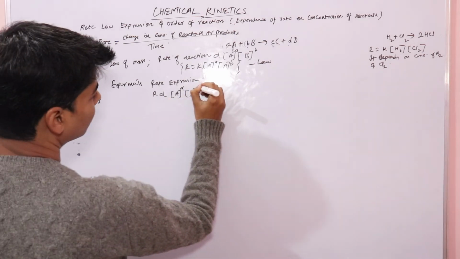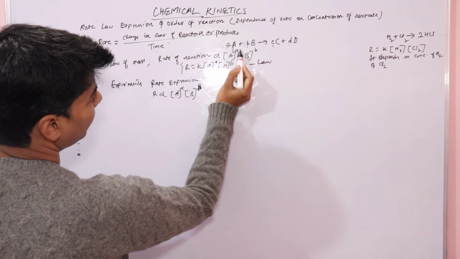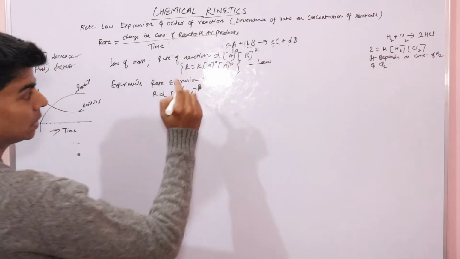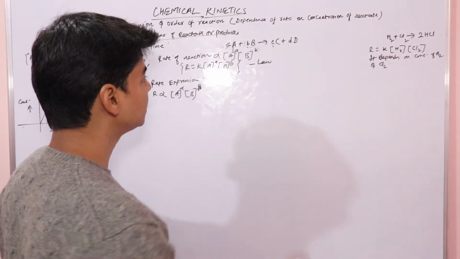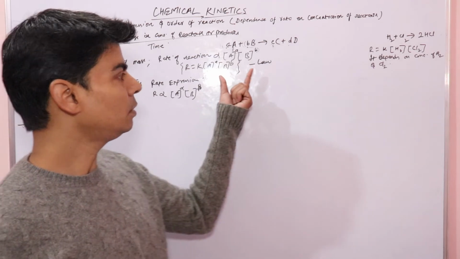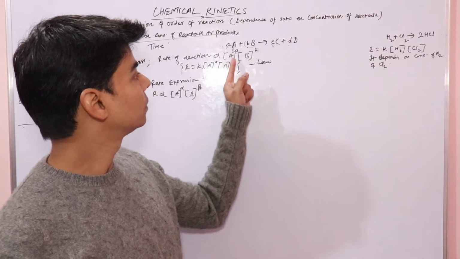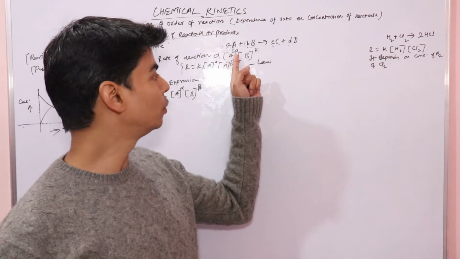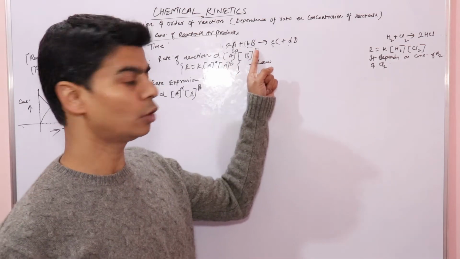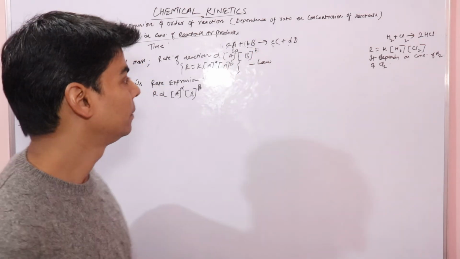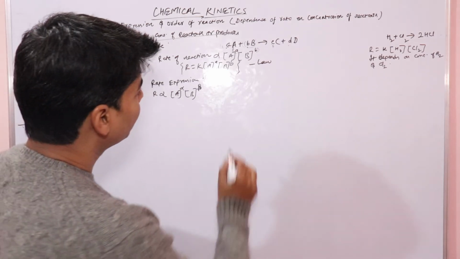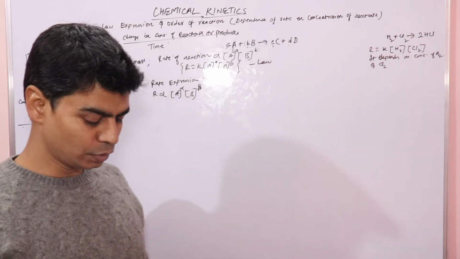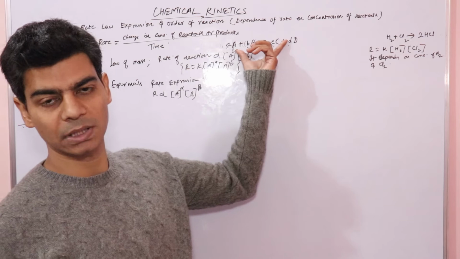Alpha and beta. Here I put A and B, which is the number of moles of A, number of moles of B. That means, as per the law of mass action, the rate of reaction depends on small a moles of A and small b moles of B. So to give the rate expression as per the law of mass action, you can simply write it looking at the balanced chemical equation.